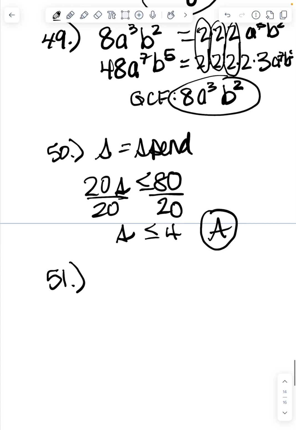Number 51. Gabriel bought $5 gifts for each of his classmates, spent $18 on shipping, and did not exceed his budget of $150. Which inequality models the number of classmates that he has? Okay, so we would say he bought $5, and the number of classmates is what we don't know. So let's just say that X is the number of classmates.